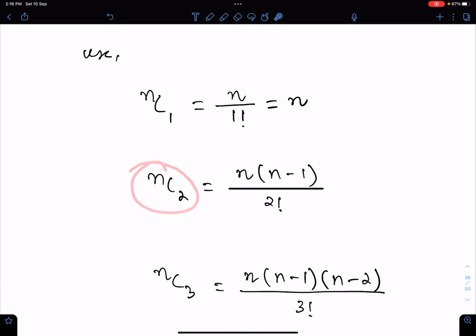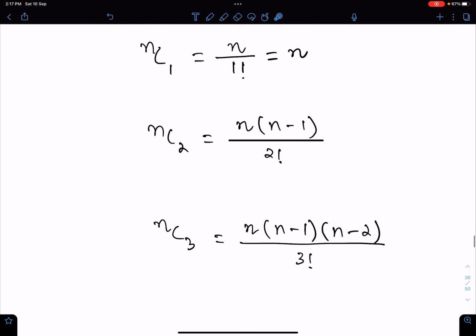nC2. Since we have 2 here, we must have 2 factorial here. And since we have 2 here, we must have 2 terms in the numerator in terms of n: n and n minus 1. The value of n is in decreasing order. Similarly, for nC3, we need to write 3 factorial here.